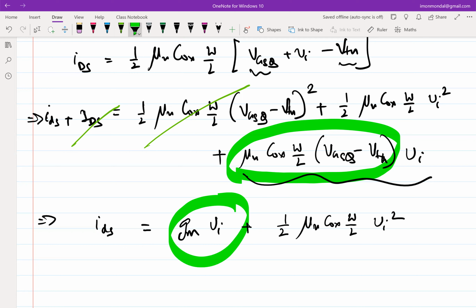In a nutshell, this is what a small signal approximation is. We are saying that this will be much lesser than GM times VI, so I can neglect that. So we are limiting ourselves to that value of VI for which this is true.